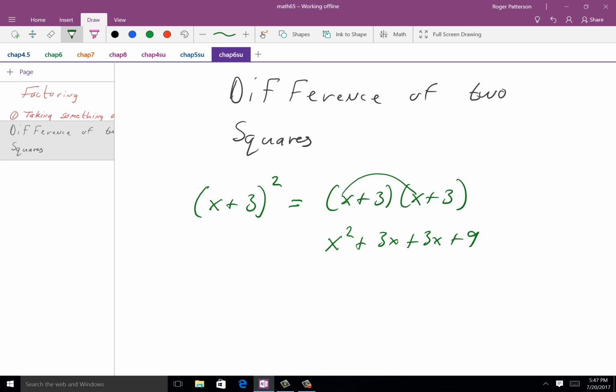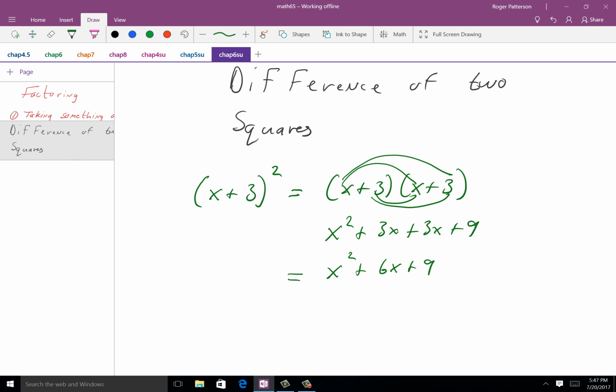So we're going here, here, here, here, okay, and then combining. Okay, so that's 2 squares, all right?